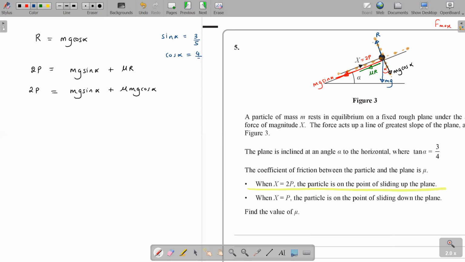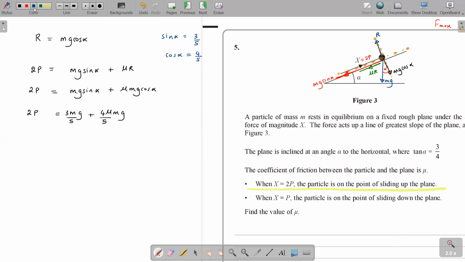Am I correct? So mg sin alpha is 3 over 5, so I put 3mg over 5 plus mu mg times cos alpha, which is 4 over 5, so 4 mu mg over 5. Can you understand what I did here? Cos alpha is replaced by 4 over 5, and sin alpha is 3 over 5. I just put them in.